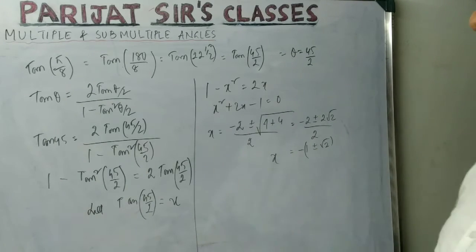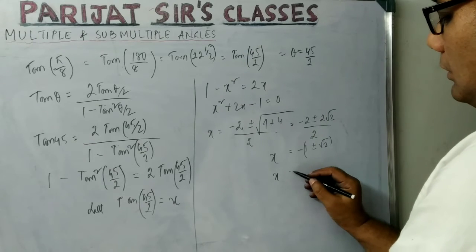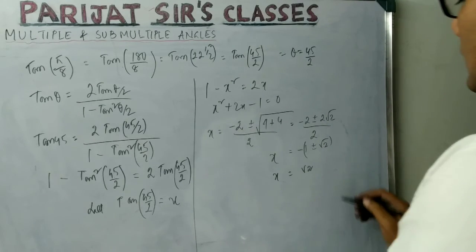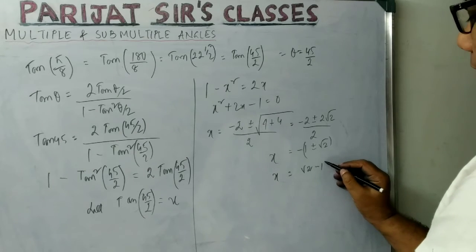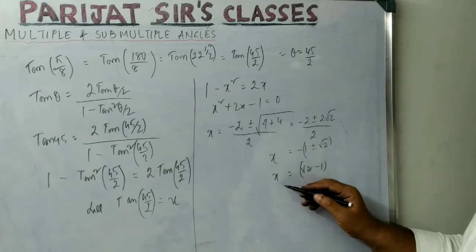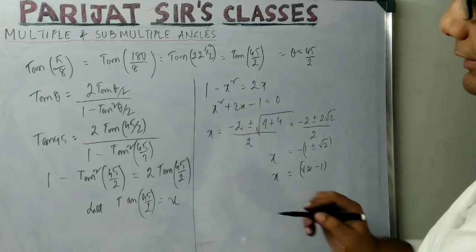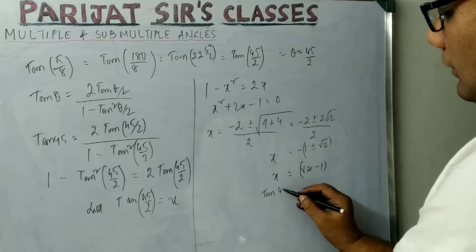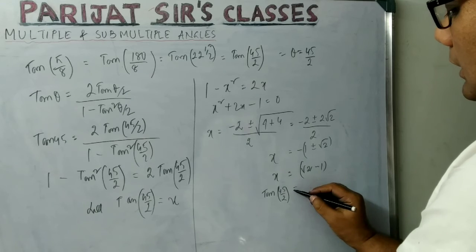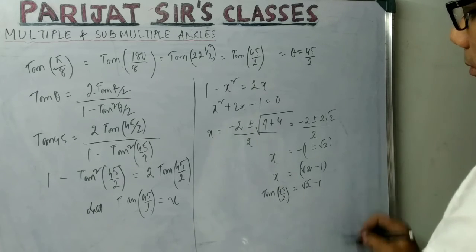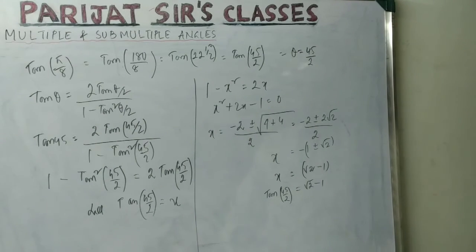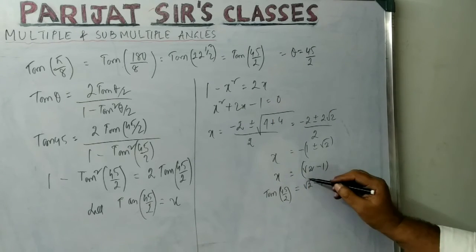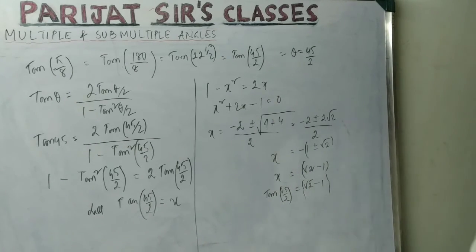Tan 45 by 2 is in the first quadrant where it will be positive, so I have to take root 2 minus 1. x was tan 45 by 2, so tan 45 by 2 comes out to be root 2 minus 1.